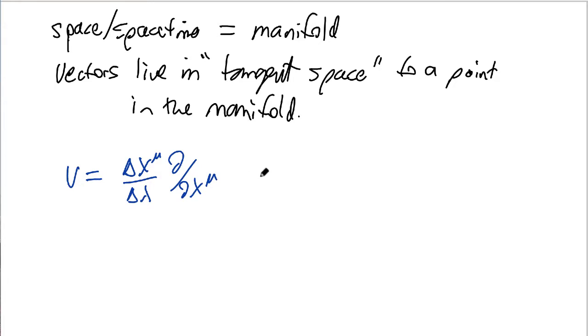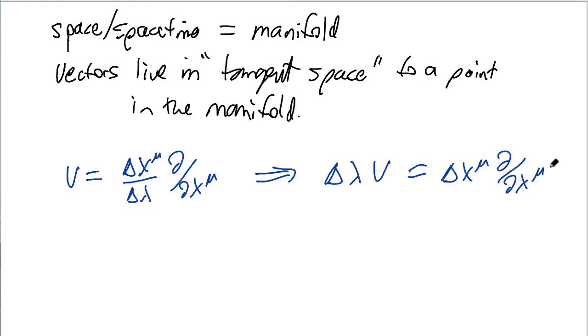Written this way, let's multiply through by delta lambda. We have delta lambda times v is equal to delta x mu d by dx mu. Now this is a vector on the left, and so we can call this anything we like. For example, we could call it w, or we could call it v and just absorb the delta lambda into this v if we like. This is the expansion of that vector in a coordinate basis.